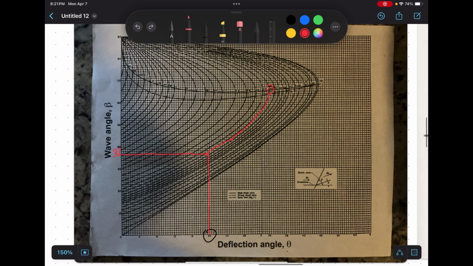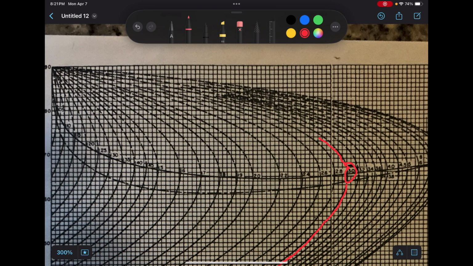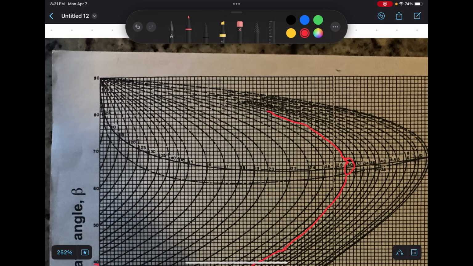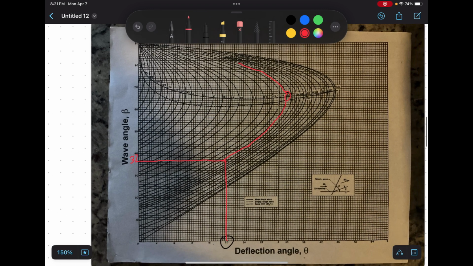Now you notice the line also goes up here, and I forgot why. But you never really use it, I don't think, for anything that's important.